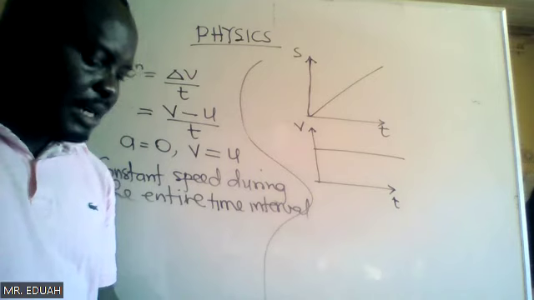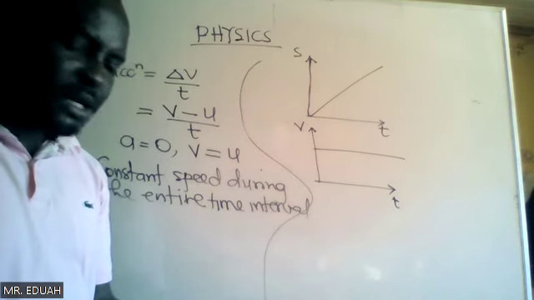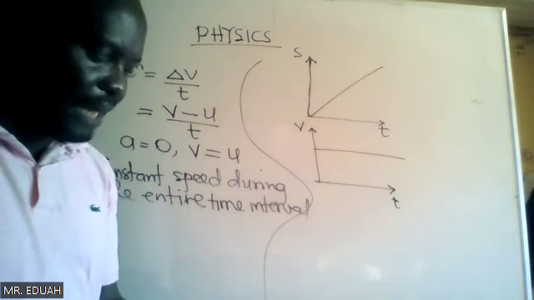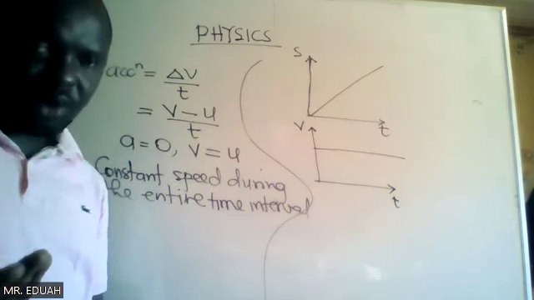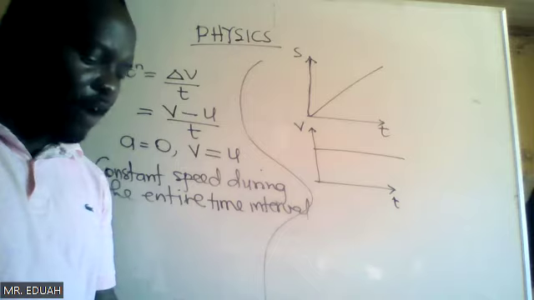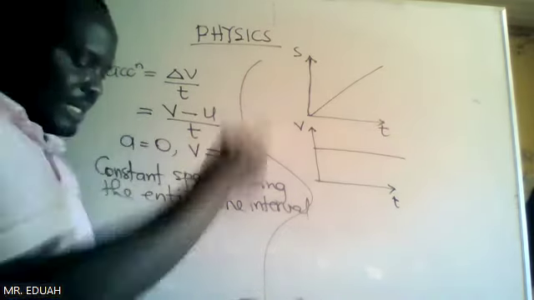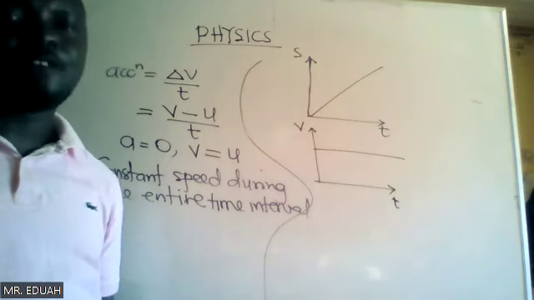The third one shows that the body moved with a constant or uniform speed for some time and then was stationary. Then the fourth answer is this. So clearly the answer is option 4.